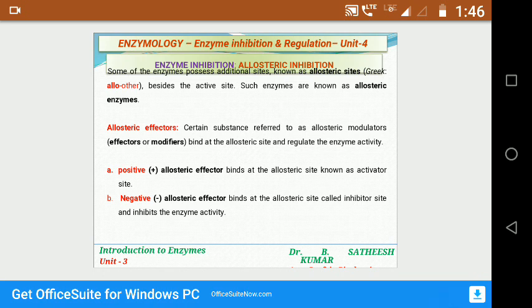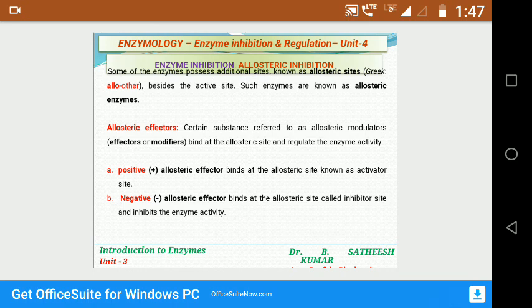Allosteric inhibition. When we look at the term allosteric, allo means other, steric means a region, a place on the enzyme. So that means the allosteric inhibitor is a substance which binds to a site other than the active site.